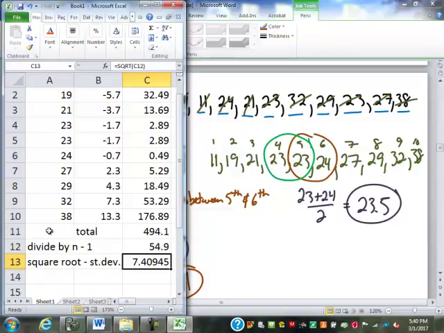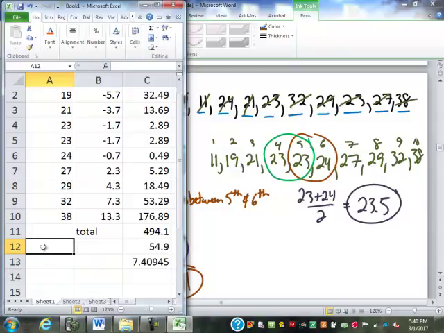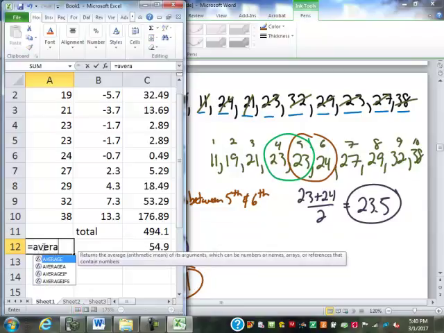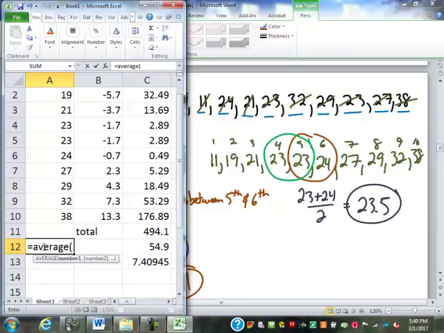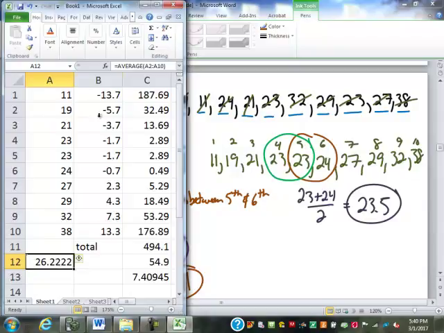By the way, for those of you that are Excel wizards, the command for mean in Excel is equals average. Then you highlight the data set. I missed a number, that's why.